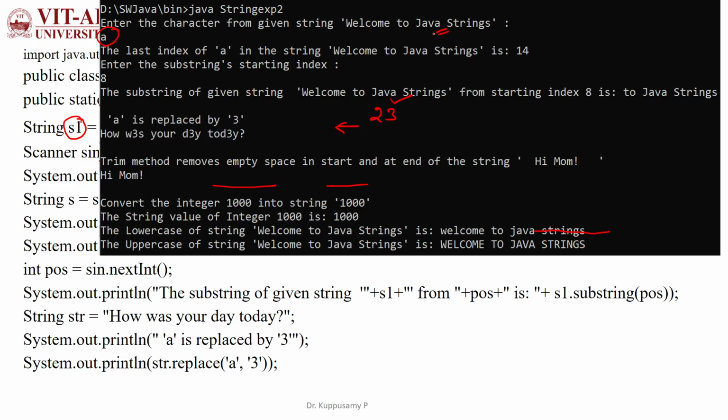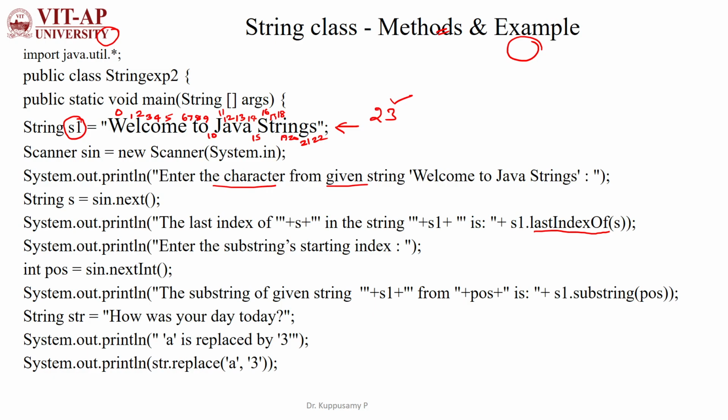As per this, a is appearing at position 14. You can look at the index of this last a. That index is 14. So this method is used to identify the last index of a particular character appearing in the given input string.